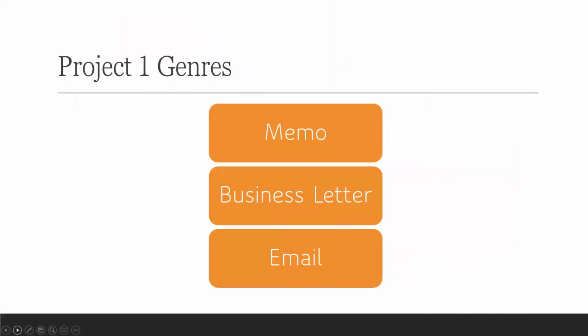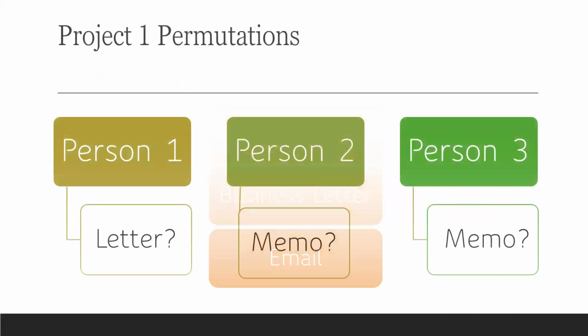The genres or the type of document for Project One are what you see on the screen. And you have those 3 choices, and you have 3 people to respond to for whichever one scenario you choose, and each person you respond to is going to receive a different document. So, for example, what you see on the screen, we have a permutation of 2 memos and a letter.